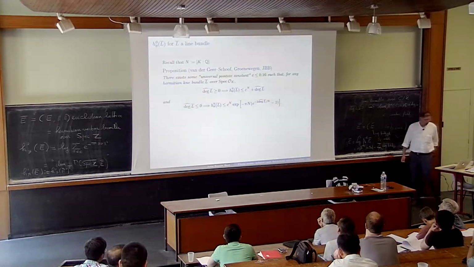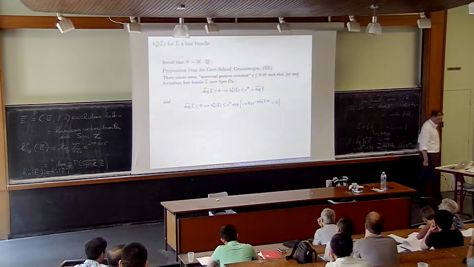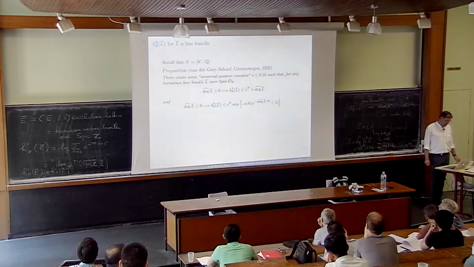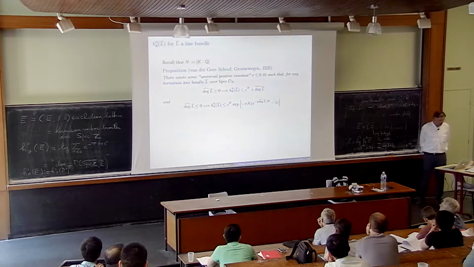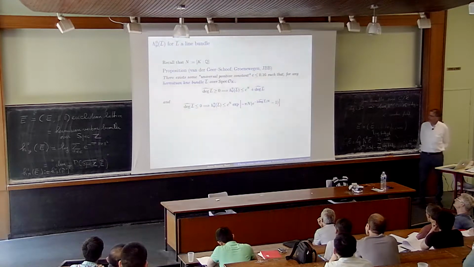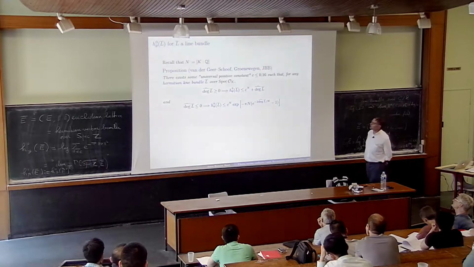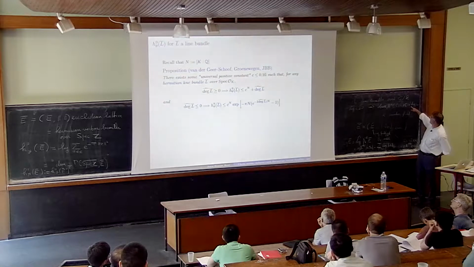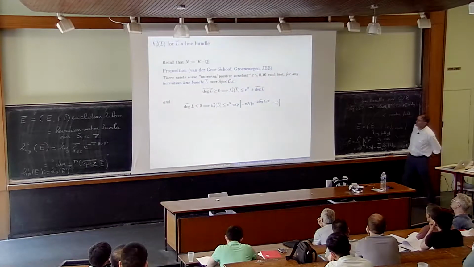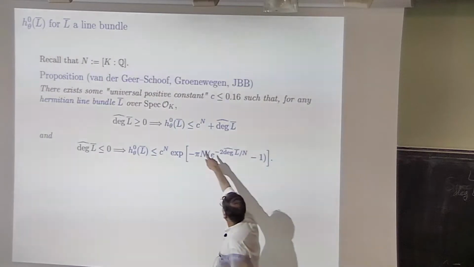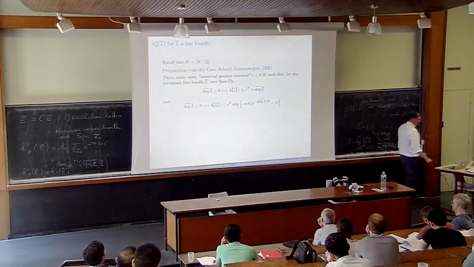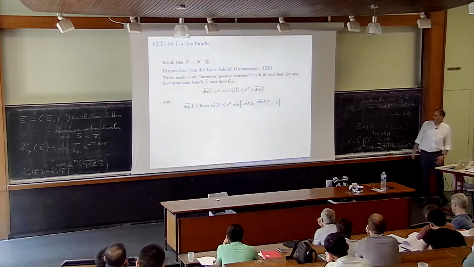Okay, so here is a proposition that summarizes many results from van der Geer and Schoof and myself. It's possible to prove that if you take any Hermitian line bundle over Spec O_K, when the degree is non-negative, then you have a similar estimate. This estimate is still true in the Arakelov world. Actually, you have some constant c to the nth power that becomes very, very small when you work over a number field of large degree.